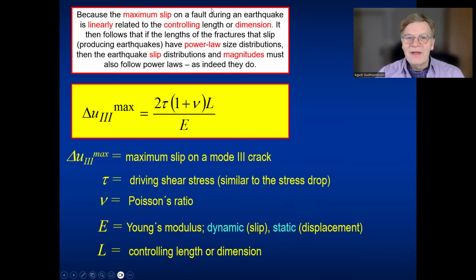So therefore, it follows that if the sizes of the fractures, the lengths or the controlling dimensions of the fractures, have a power law size distribution, then the slips will have a power law distribution, and the slip areas will also have a power law size distribution, and therefore the magnitudes of the earthquakes will have a power law size distribution, as indeed they do.